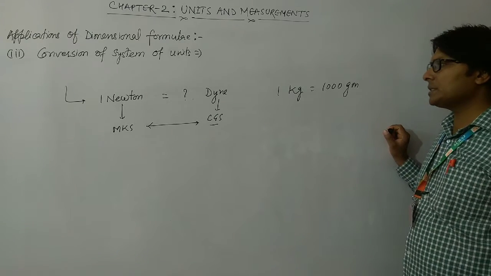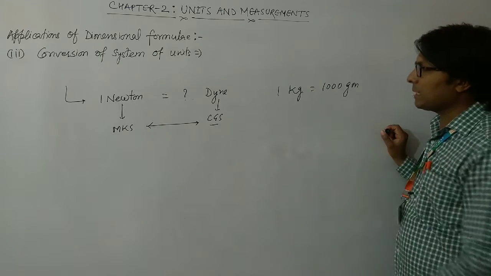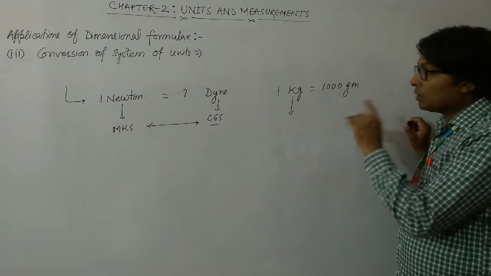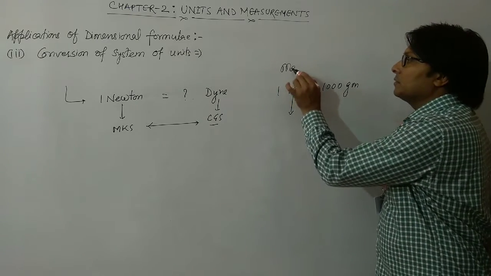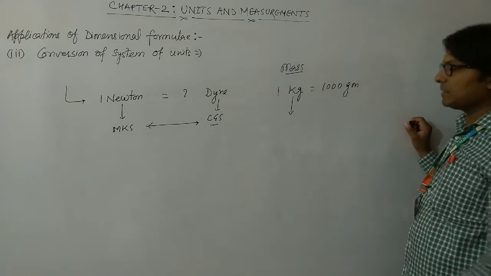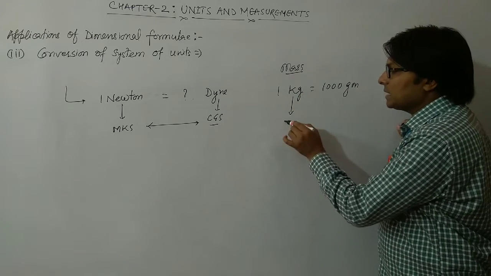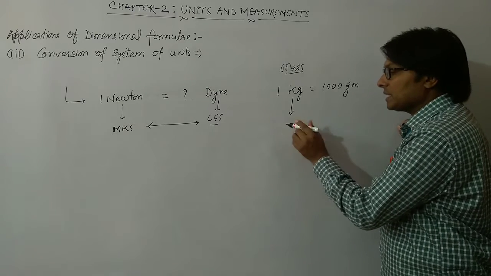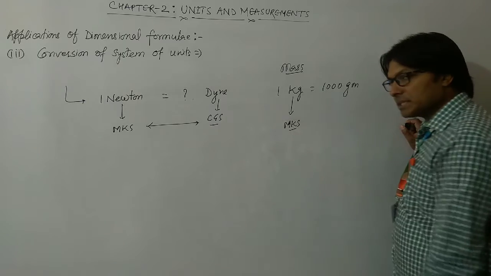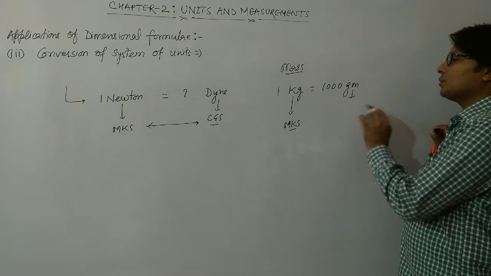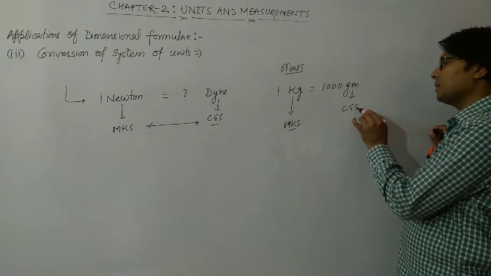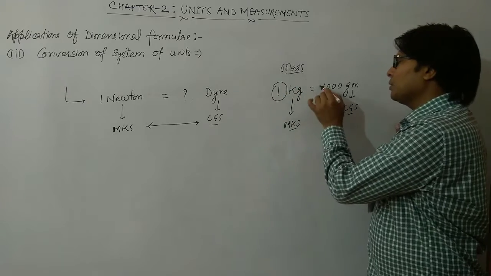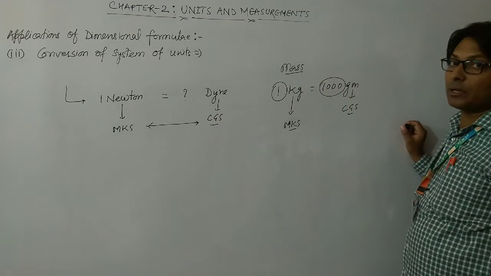Kg is the unit of mass in one system of unit, the MKS system, and gram is the unit of mass in the CGS system. Now look at the magnitude, or the numerical value, of these units.